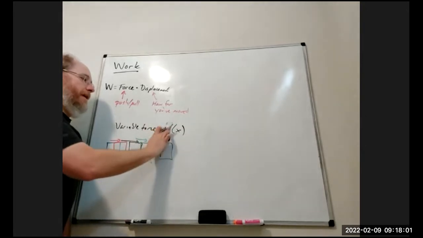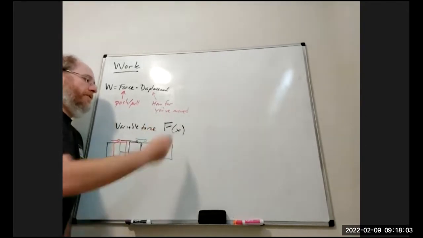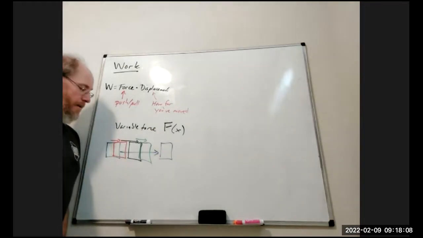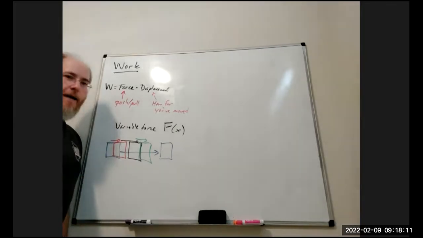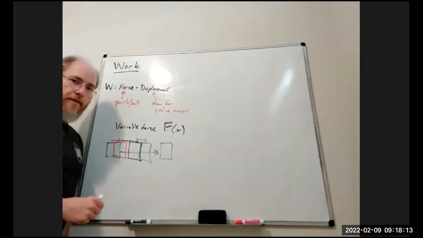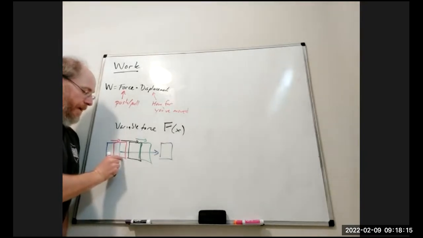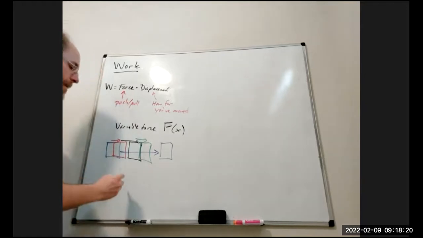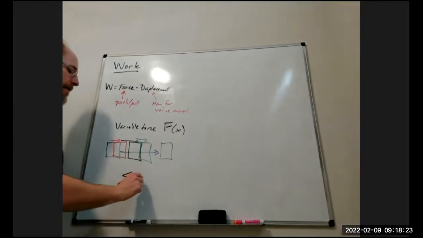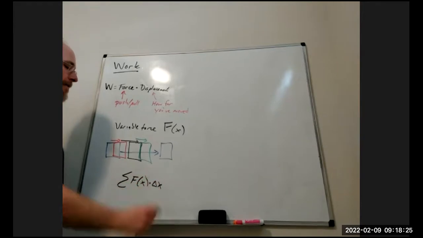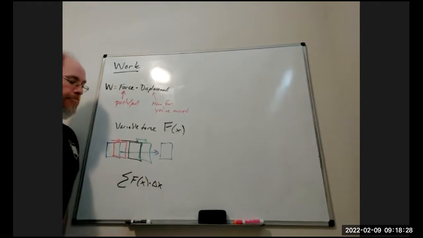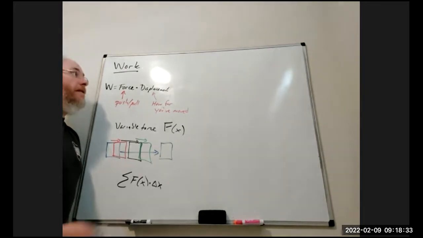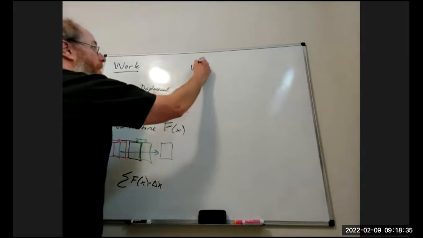In fact, let me call it big F, because we tend to use big F's for forces. So I've got this variable force, big F of x. And on each step of the way, I'm multiplying it by a width, by an interval, which is going to be a delta x. So I'm going to add up a whole bunch of these, but I'm going to make them really small and have an infinite number of them. And the next thing you know, we've got an integral.